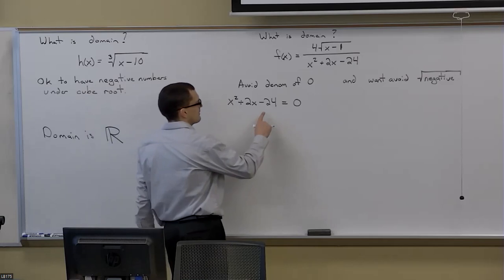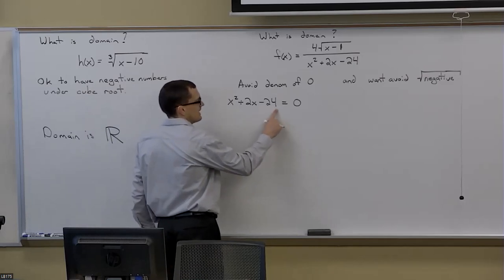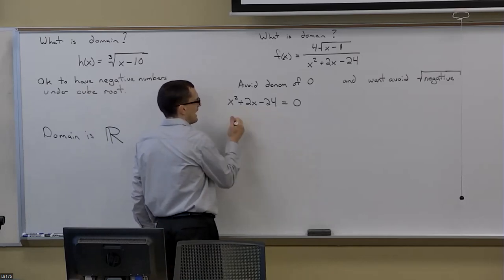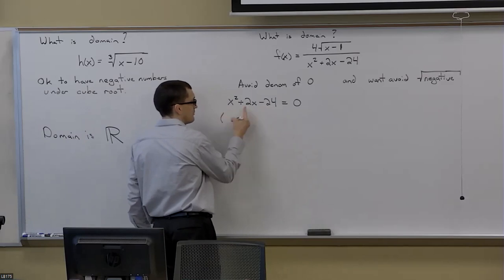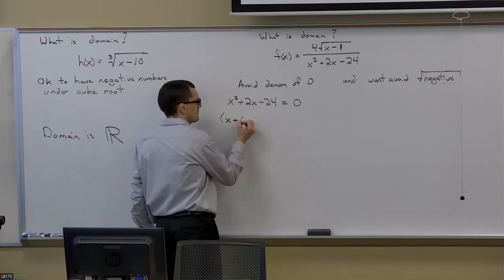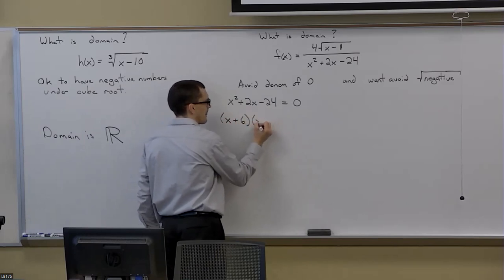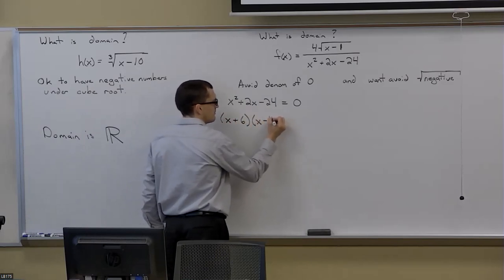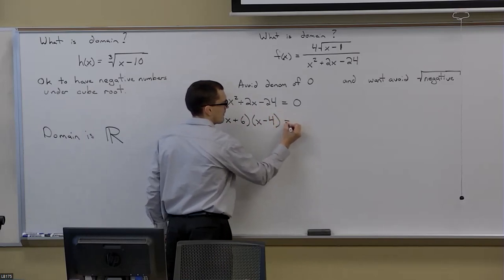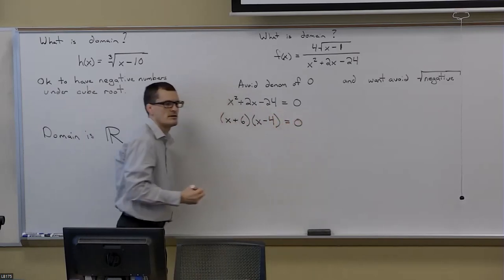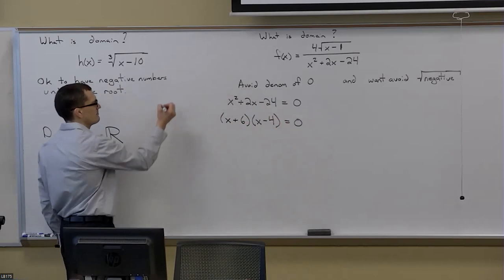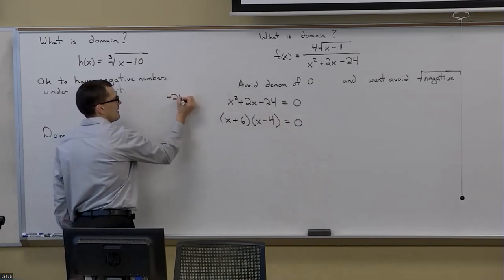So remember how to do that. Factors of negative 24 that add to 2 are 6 and negative 4. You guys remember doing that back in the day, hopefully?